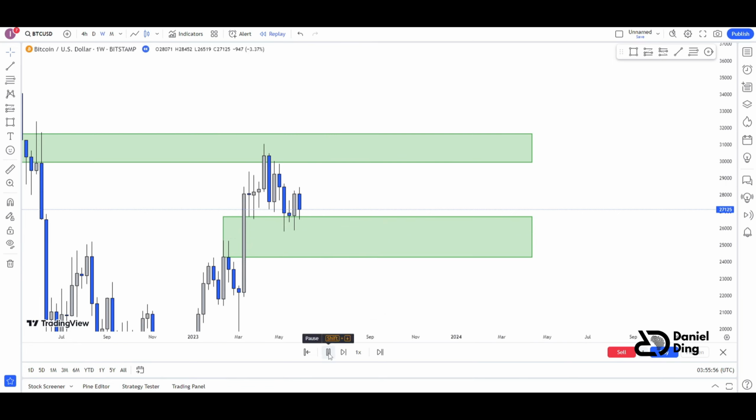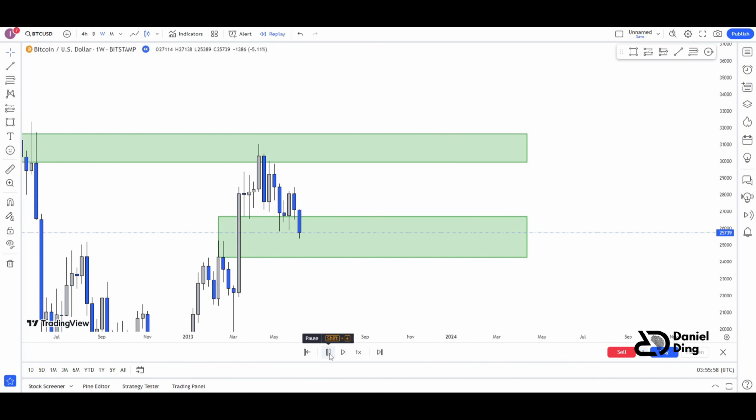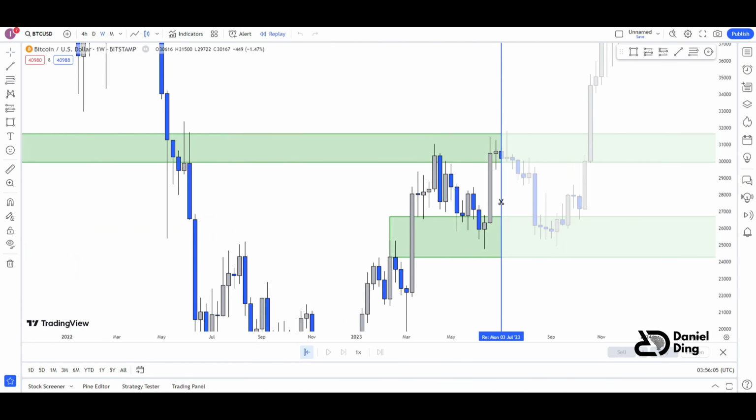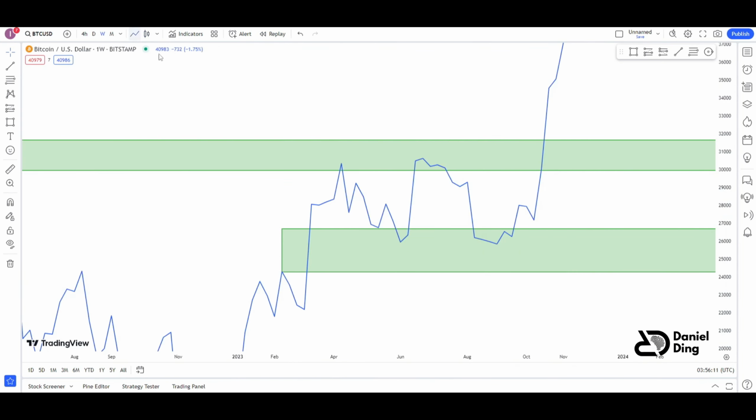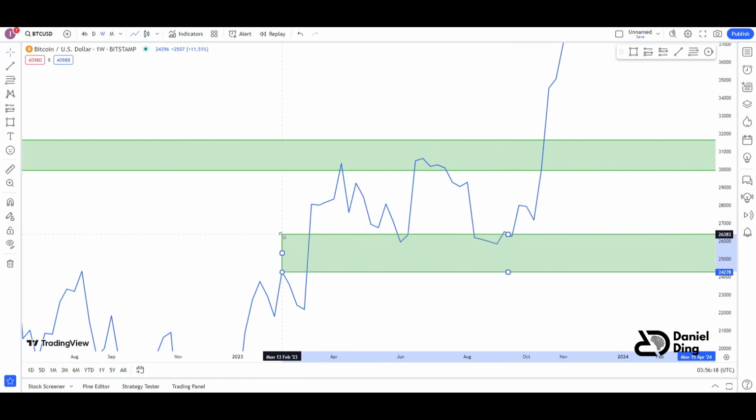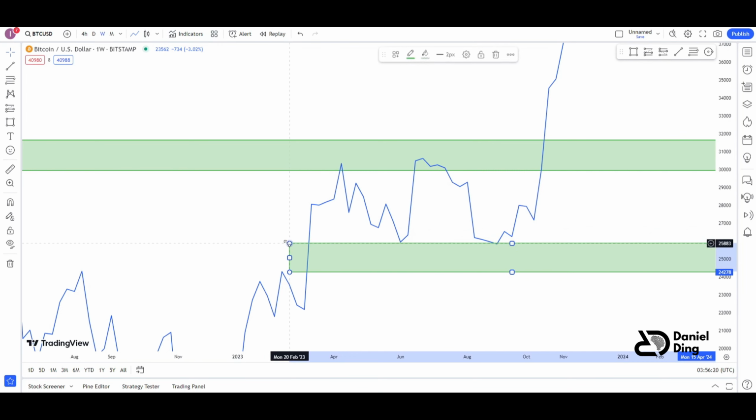Let's play. See how the price moves. Okay, let's just exit this replay bar. Now, notice that this should be my new base.